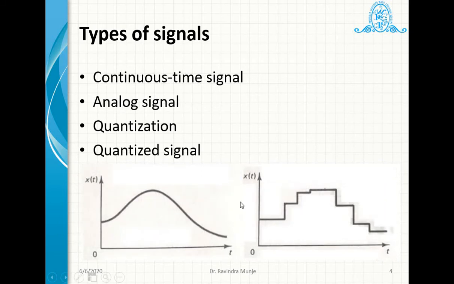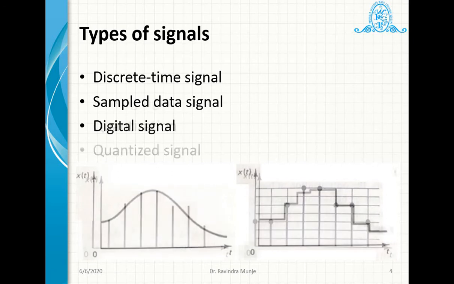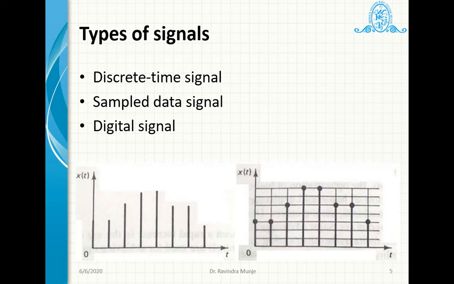So here we have seen the continuous time analog signal, the continuous time quantized signal, and this one is a sampled data signal and this is a digital signal. These two are discrete time signals. I must say that an analog signal is a special case of a continuous time signal.